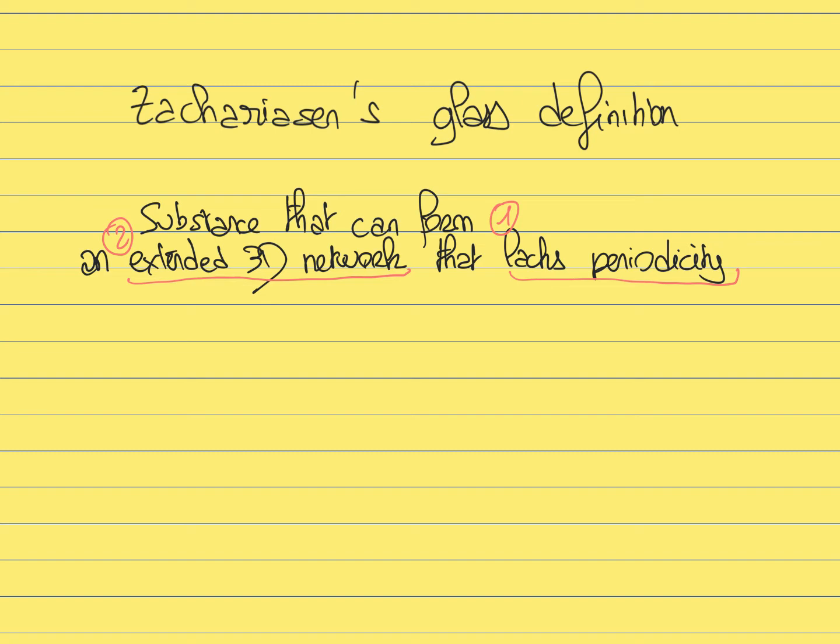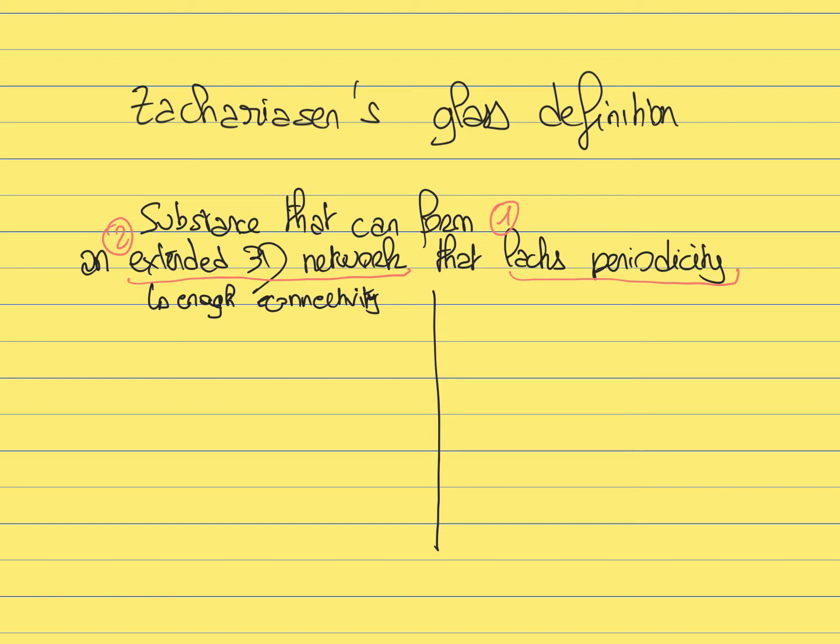The reason for this opposition is that if you want to form an extended 3D network, you need to have enough connectivity, with atoms connected to each other in a way that is sufficient to form a 3D network.